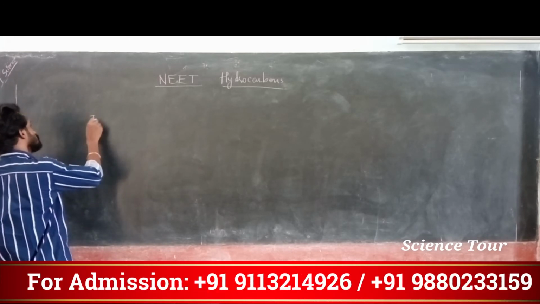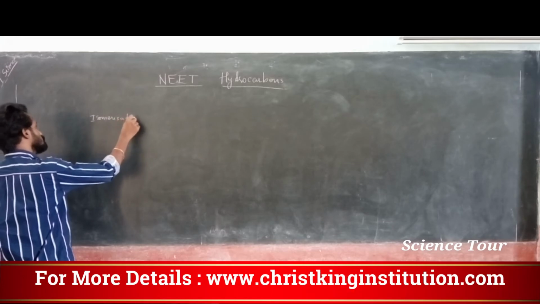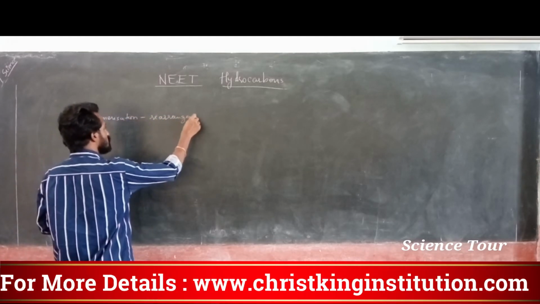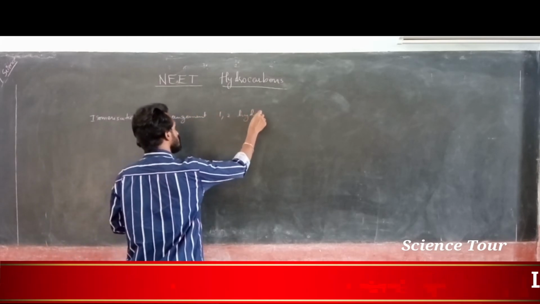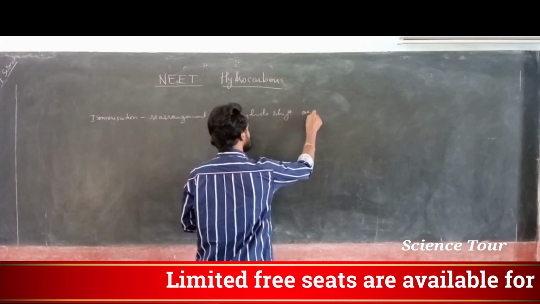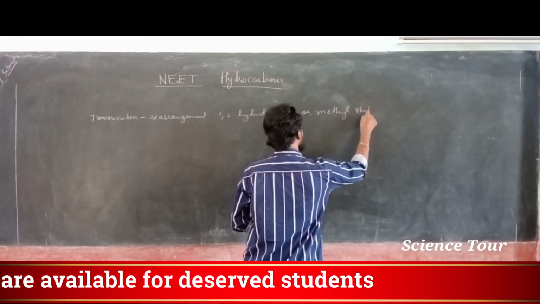My dear students, next is isomerization of alkane. Isomerization in general is called rearrangement, or 1,2-hydride shift, or 1,2-methyl shift. It's very simple, my dear students.